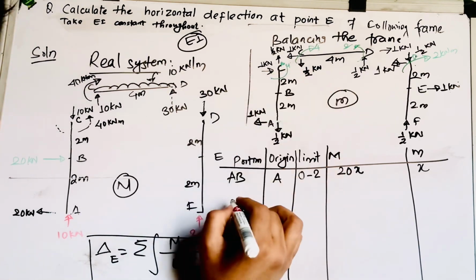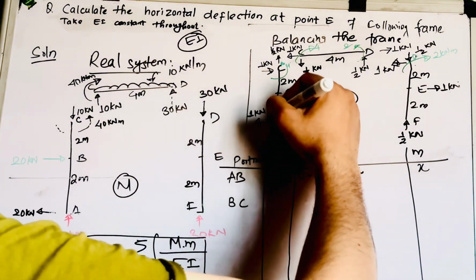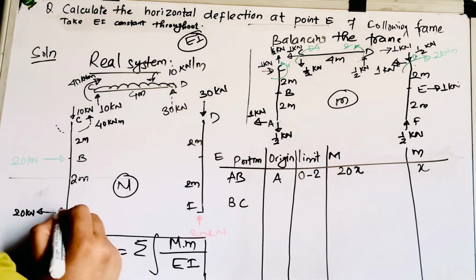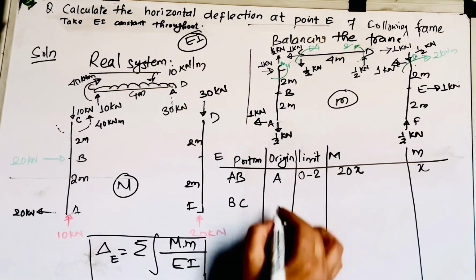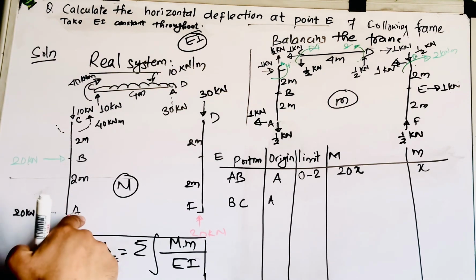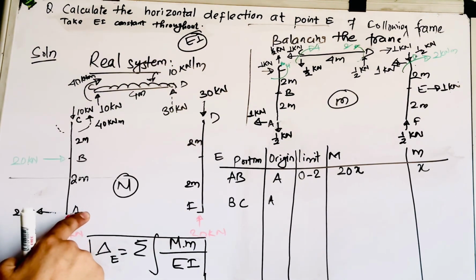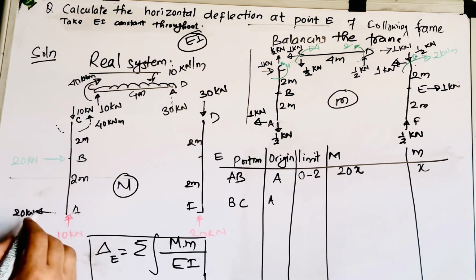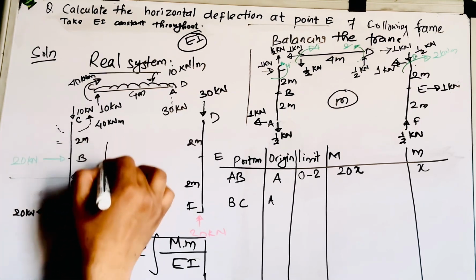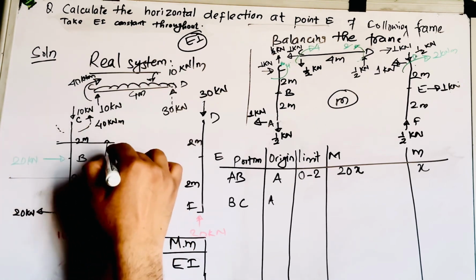Now write the BC portion. You can take the origin as this or this. I will take the origin as A first. It depends upon your way of calculating, right? I'm taking the origin as A, the section is BC, right? So if you take the origin at A, your x will be going from this origin, like this.